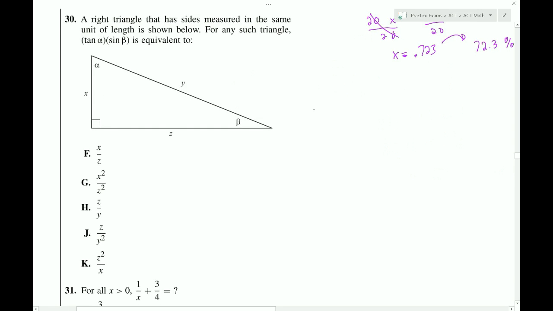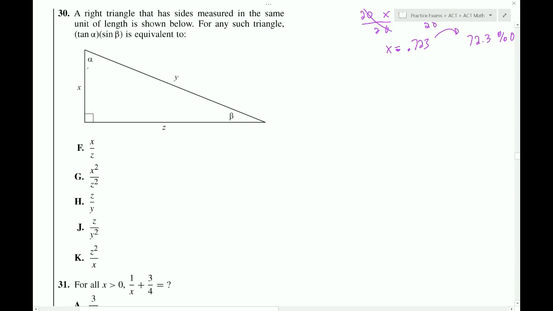A right triangle that has sides measured in the same unit of length is shown below. For any such triangle, this is equivalent to the tan of alpha times the sine of beta. So for the tangent of alpha, we can use SOHCAHTOA, which tells us tangent equals opposite over adjacent.